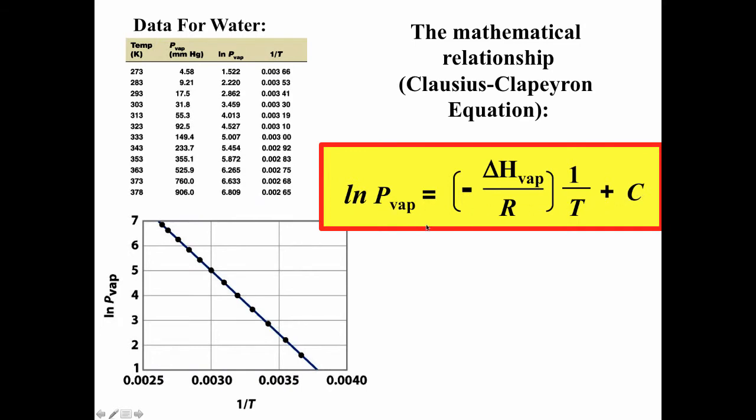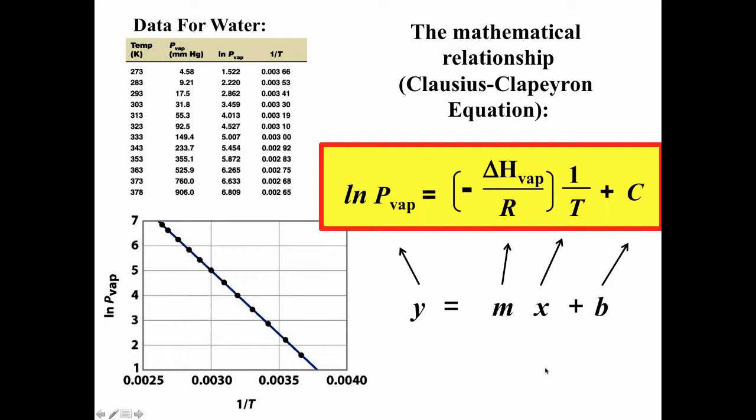And note, this is a linear relationship. You're probably most familiar with seeing y = mx + b representing a straight line. But note that if y, in our case, is ln P, and if x is 1/T, then we get a straight line with slope of m = -ΔH/R, and y-intercept of c, which is this constant.